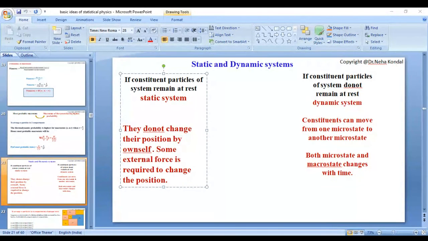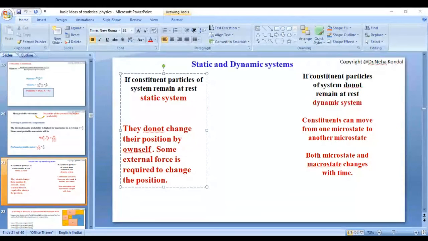If we leave that particular gas, or the working substance, to itself, it is going to stay in a macro state which has the maximum thermodynamical probability. That means it stays in a state called the most probable macro state.